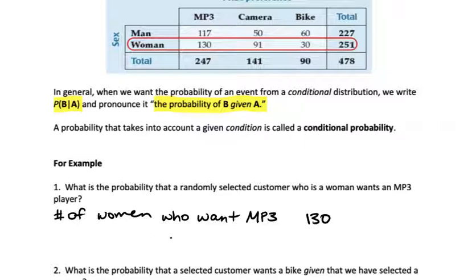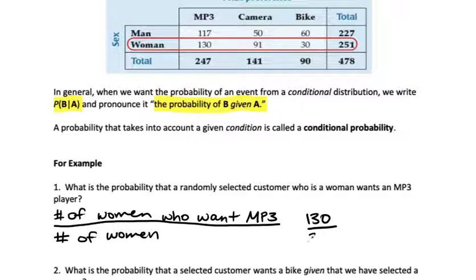And then I know that the customer is a woman, so I'm restricting my data set to just the row that lists the responses of women. So I'm going to divide by the total number of women, which I can get from the table. That's 251. So my answer would be 130 divided by 251, which as a decimal is approximately 0.518.